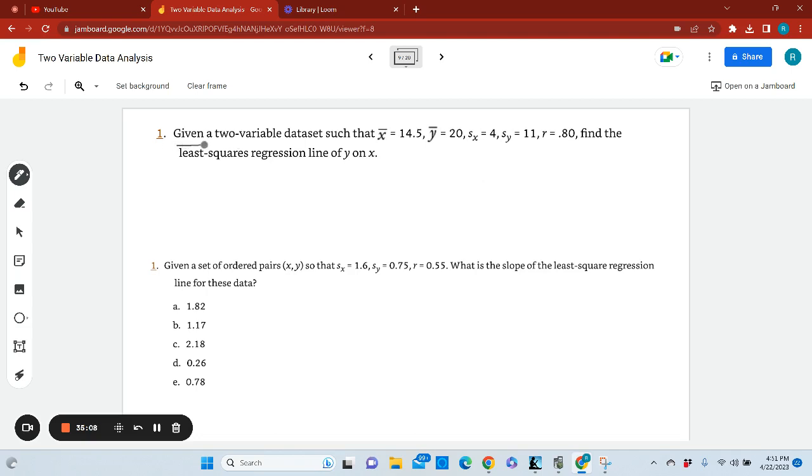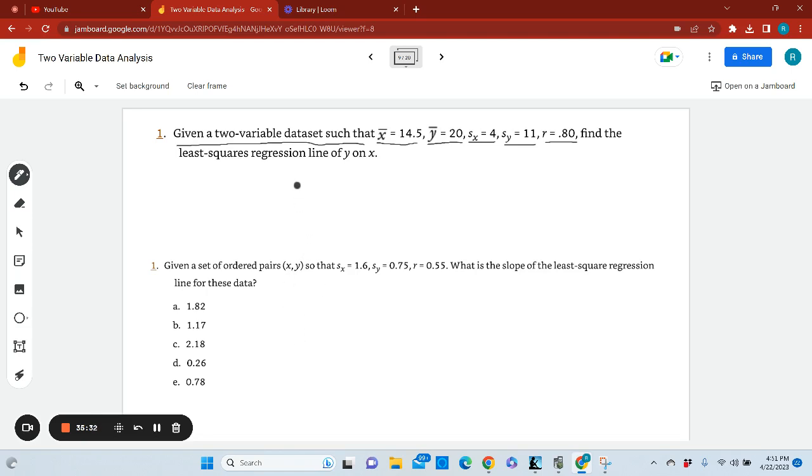It says, given a two variable data set such that the average of the x values is 14.5, the average of the y values is 20, the standard deviation of the x variables is 4, the standard deviation of the y variables is 11, and the correlation coefficient is 0.8, find the equation for the least squares regression line.